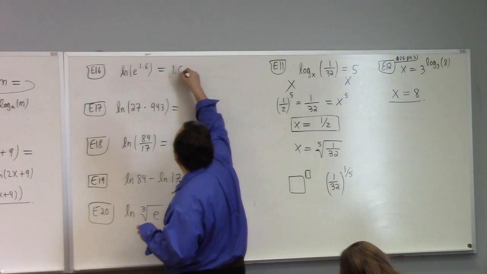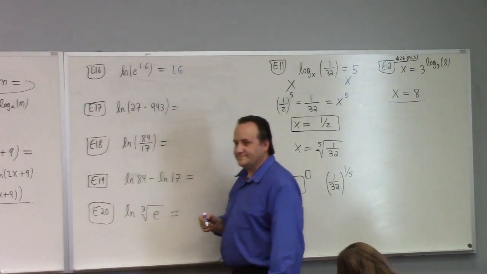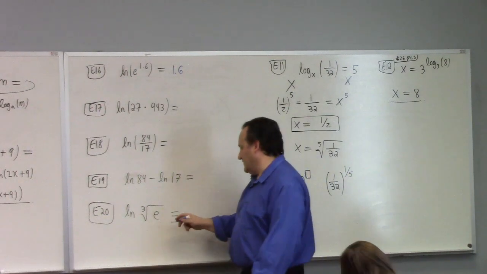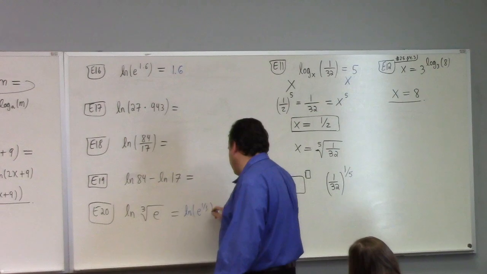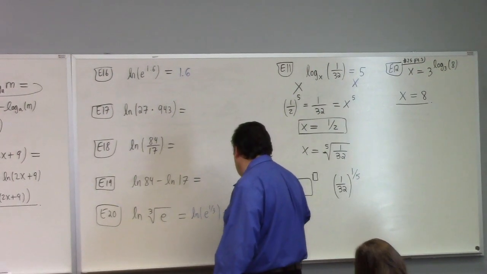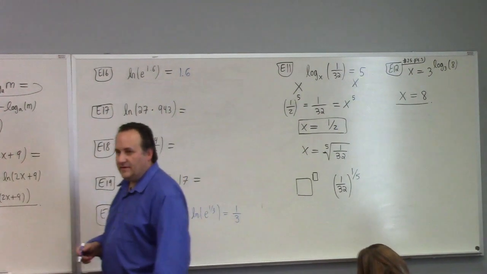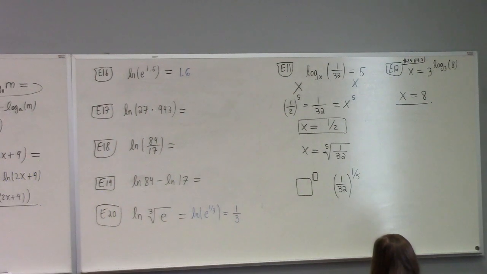So this is 1.6. This is the natural log of e to the 1/3 power, also known as 1 over 3. As you can see, no need for a calculator there, right? The other two, the book asks us to calculate it accurate to 4 decimal places. So I'll do it.